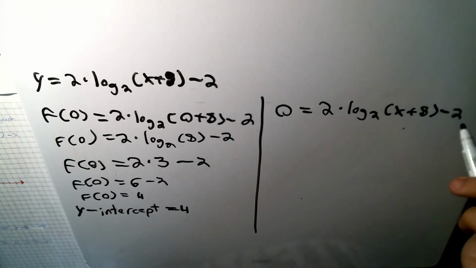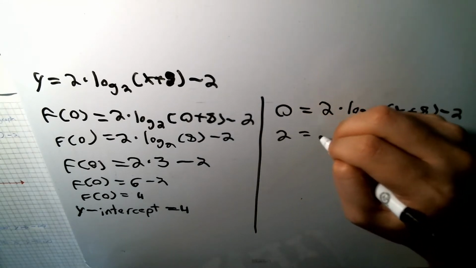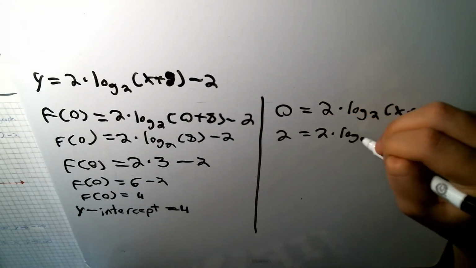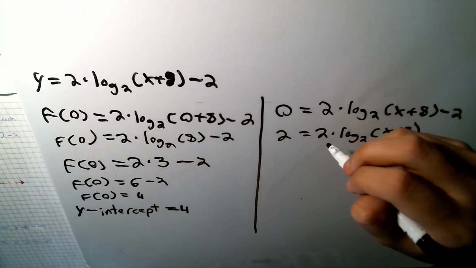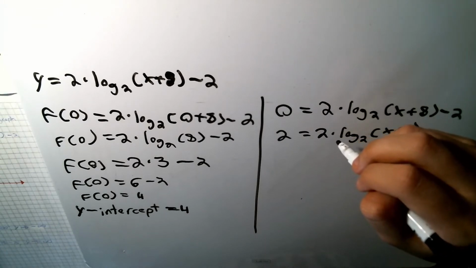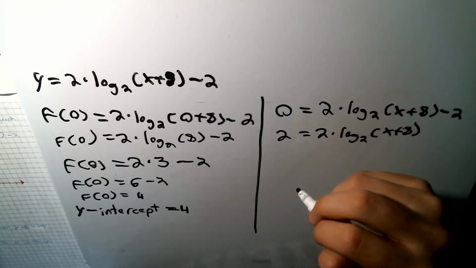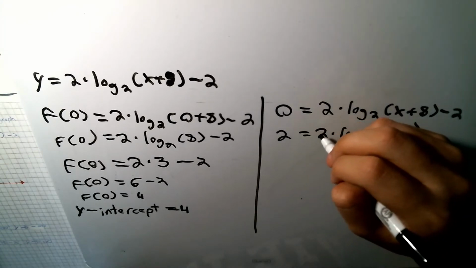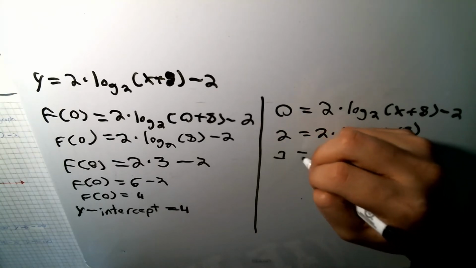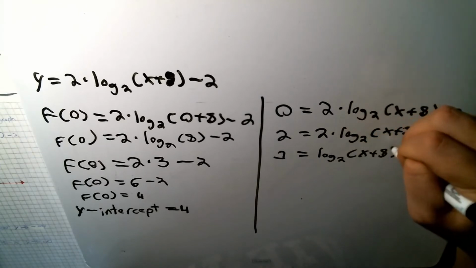First we get rid of this minus 2. We add 2 on this side and 2 on the other side. So we get 2 equals 2 multiplied by logarithm 2 of x plus 8. Now this 2 that is multiplying on the right side will go to the other side, but dividing. So 2 over 2, okay, 1 equals logarithm 2 of x plus 8.